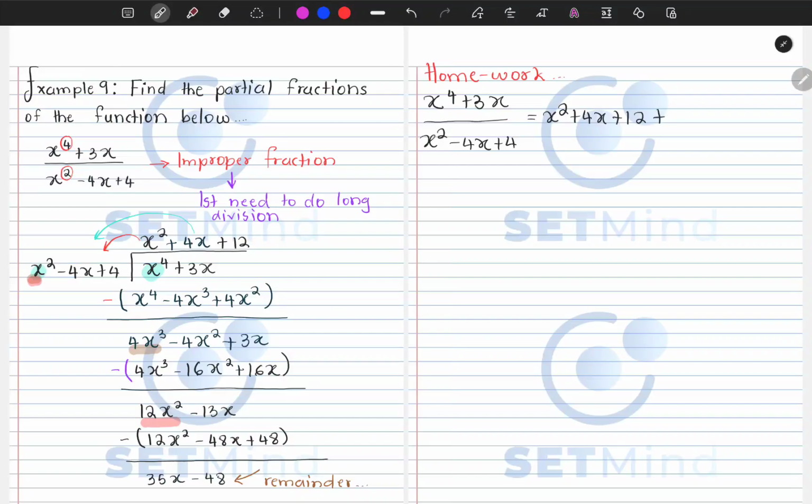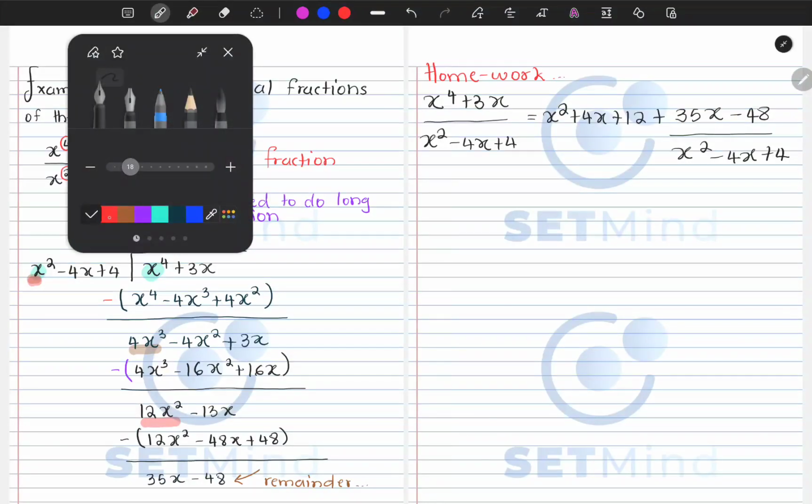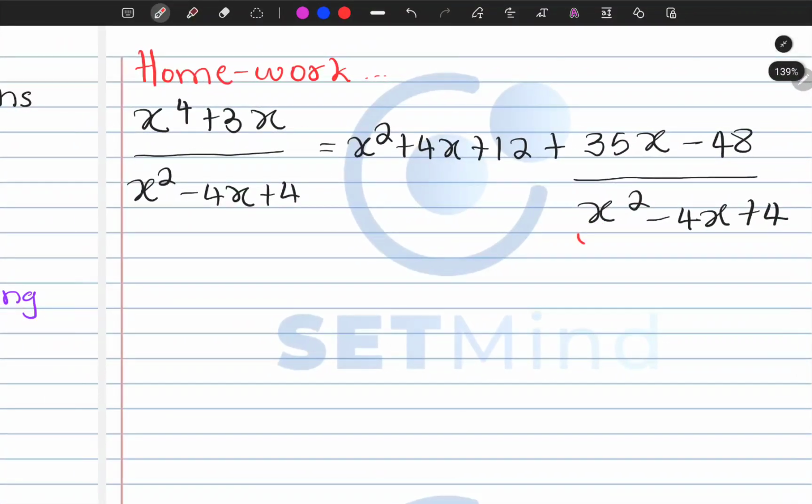And then plus our remainder, which becomes 35x minus 48, like this. And this will be divided by x squared minus 4x plus 4. So that needs to be split into partial fractions. That is what you need to go and do.